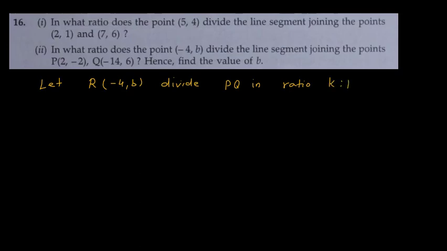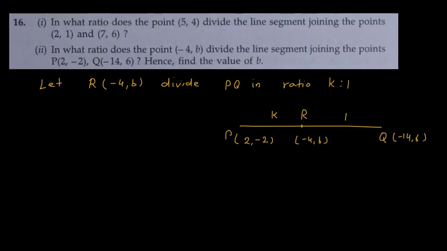Here we have point P which is (2, -2), and point Q which is (-14, 6), and there is a point R which is (-4, b), and it divides this in ratio k:1.